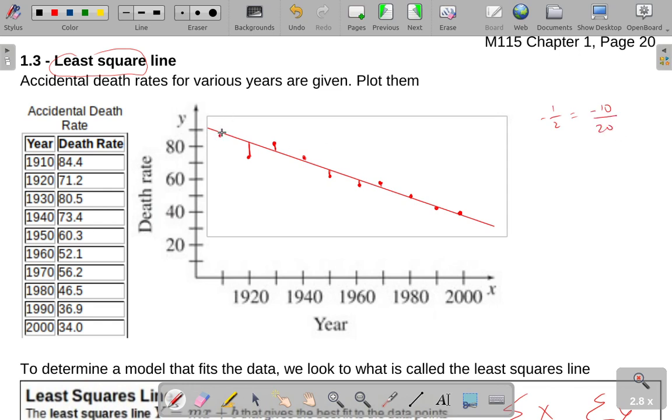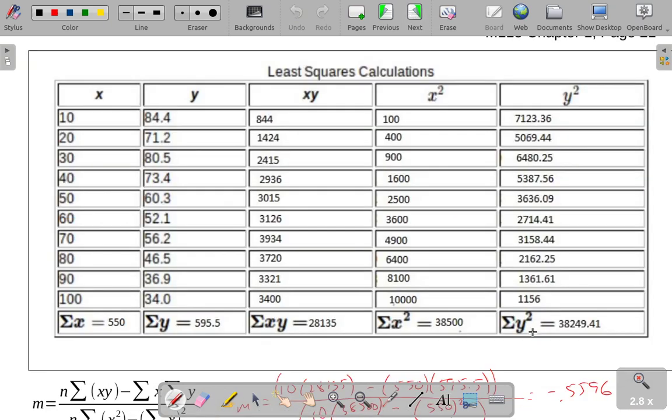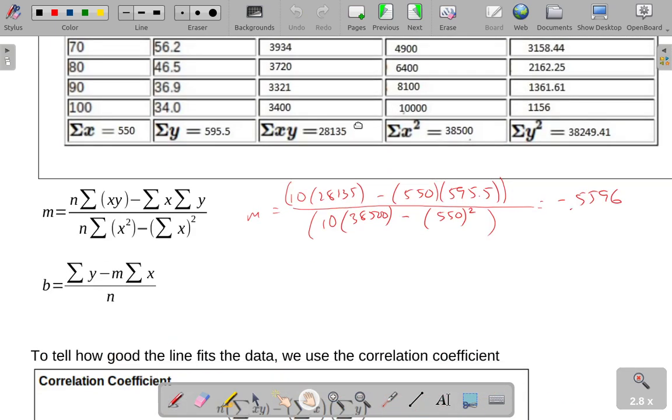So from death rate here down 10, I'd have to wait 20 years for the death rate to decrease by 10% or whatever that is. And that actually looks fairly accurate based on this kind of sketch I drew up there. So I'm actually pretty happy with the negative 0.5596.